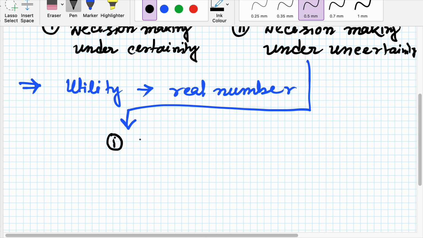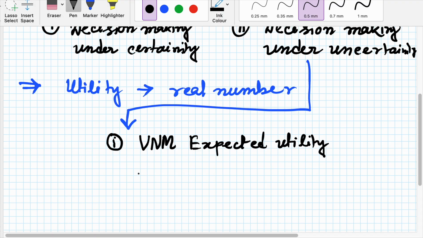One is called the VNM expected utility, and another is procedural or stochastic utility.